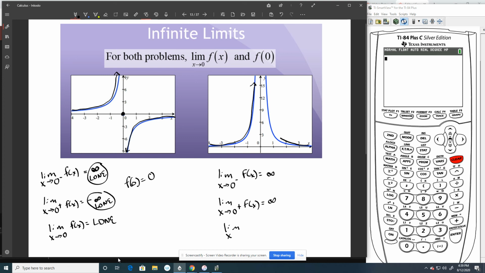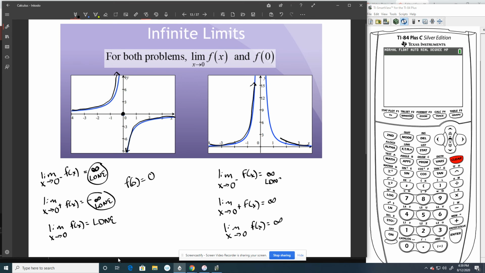So can you say that the limit as x approaches 0 of f of x equals infinity? They are the same. So this theoretically is correct based on some books. So in this case, the AP test would say, yes, these are all true.